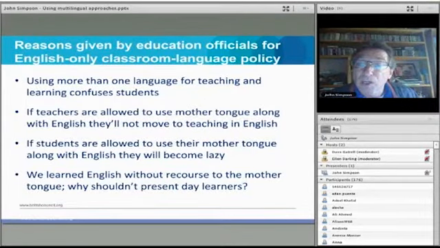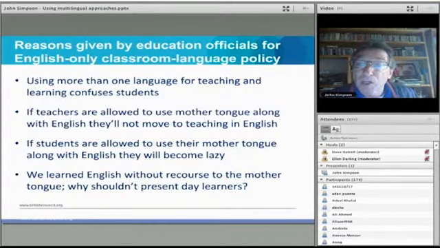When we talk with educational officials and probe a little to find out why it is that they prefer to have an English-only classroom policy, these are some of the common reasons which we're given. I don't know to what extent some of this may resonate in your situations.